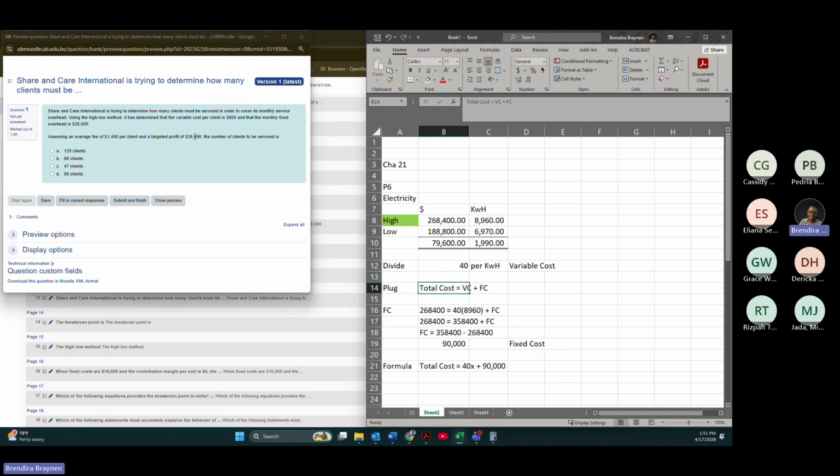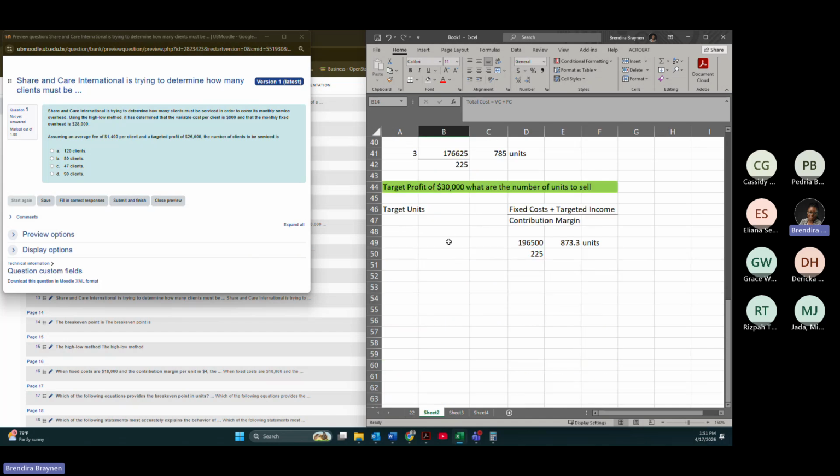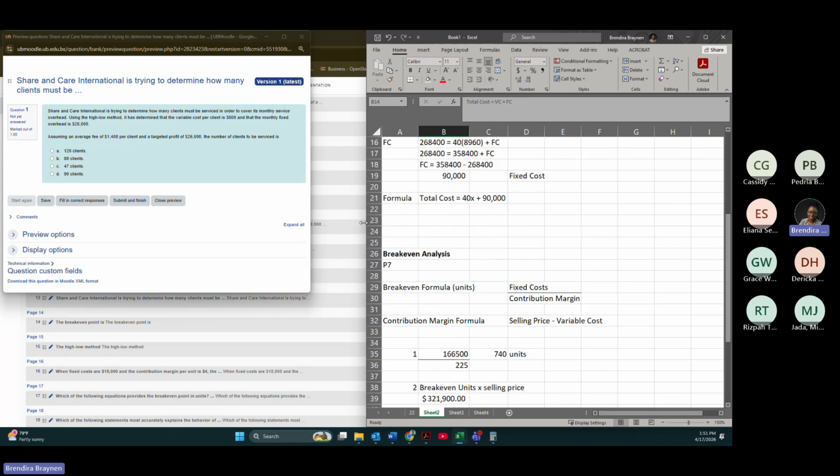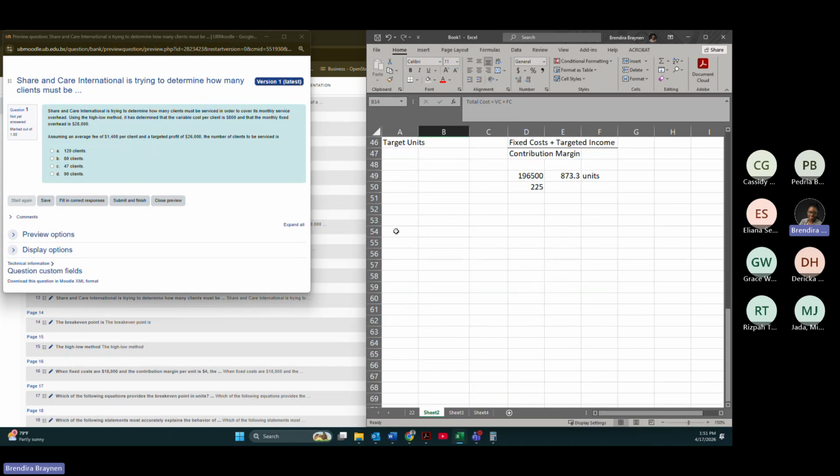They're asking us how many clients. The clients is the thing that causes the price to go up and down. That's the cost driver. With this type of question, there's a similar formula, but they're giving you profit and revenue and stuff. So the formula I would say to use, because they're not just looking at cost, is the entire picture.